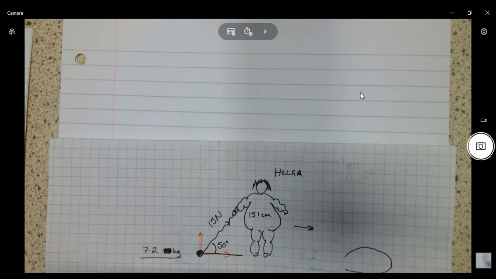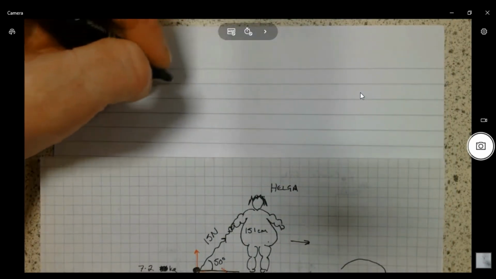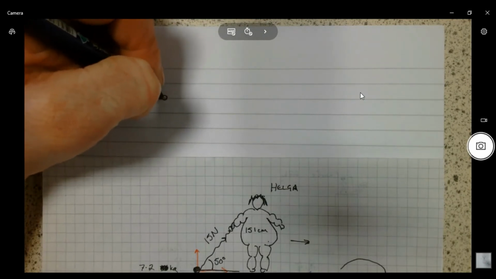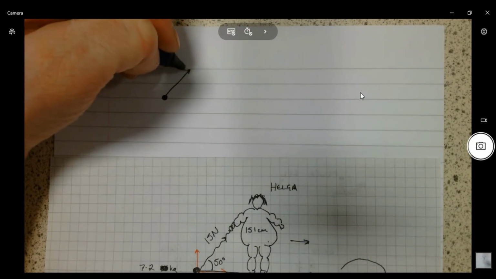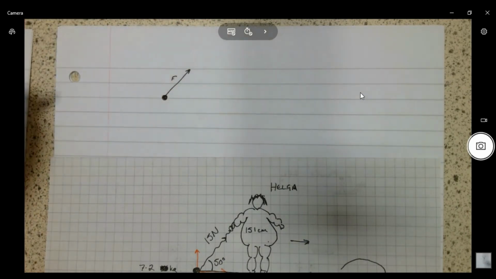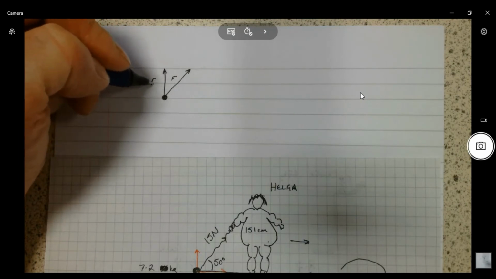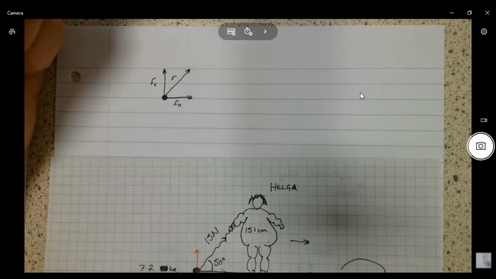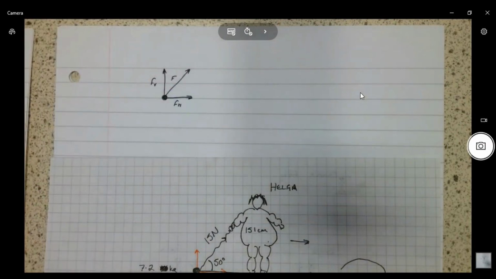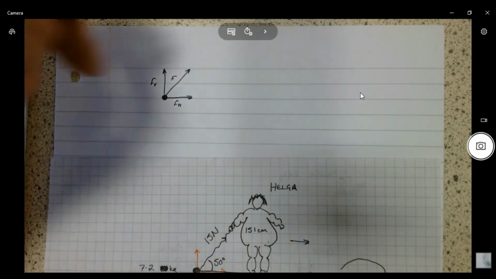Okay. So, again, start with the free body diagram. The applied force is here. We'll have a vertical force and we'll have a horizontal force. Add vector nose to tail.